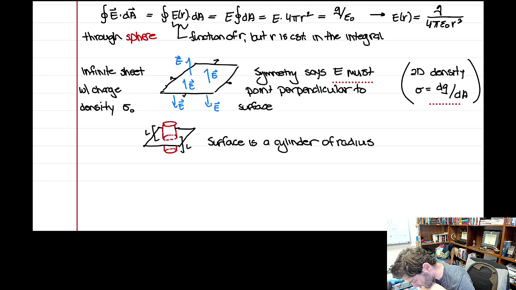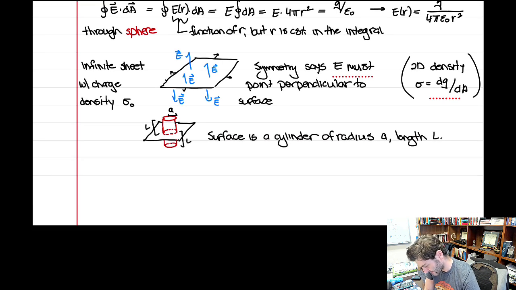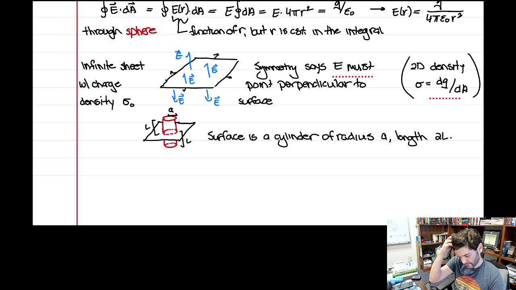We do have to state what the surface is. So this radius here, let's call it radius r. No, we've been using capital R for the length away from the surface. So let's call this radius A. Radius A and length L, or length 2L, I guess, in this case, with half of it above and half of it below the sheet.